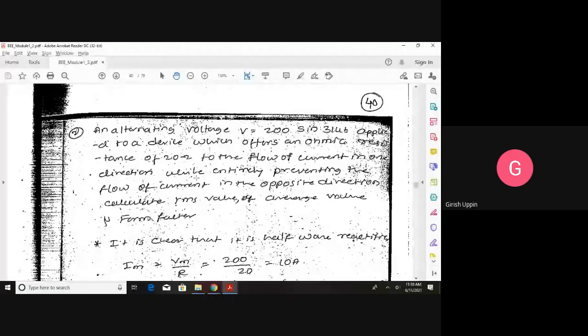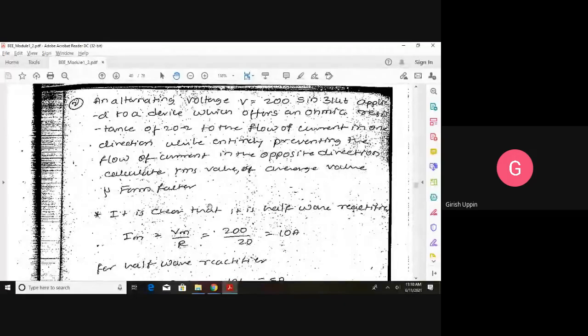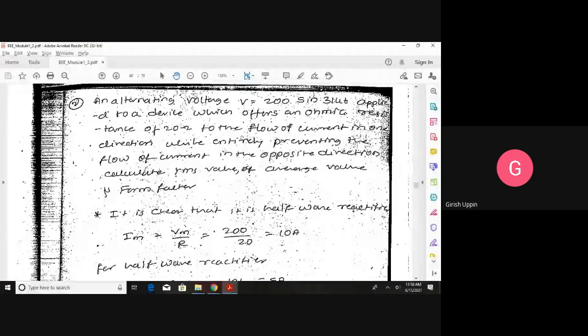What we are talking about is what we already did, half wave rectifier. This is nothing but a half wave rectifier output, and for that we already calculated the RMS value and the average value, and using that we can calculate the form factor and peak factor if required.